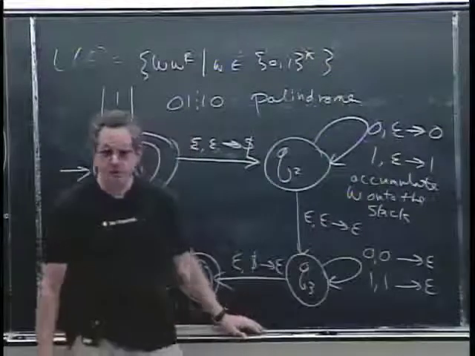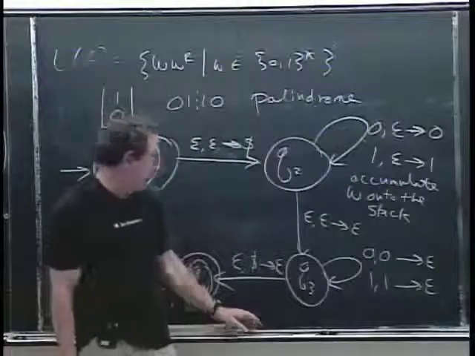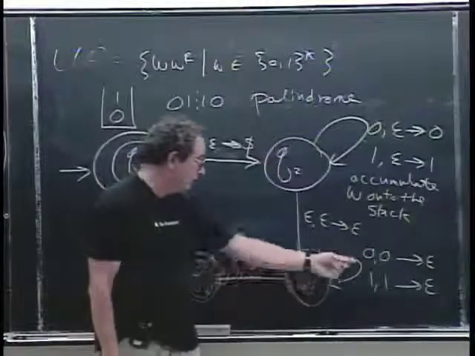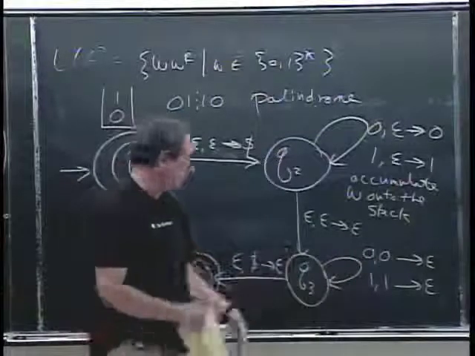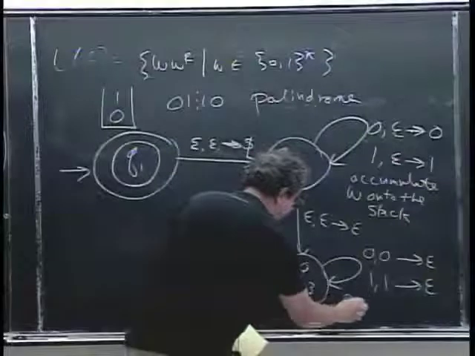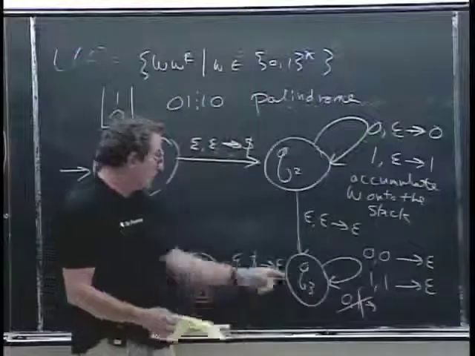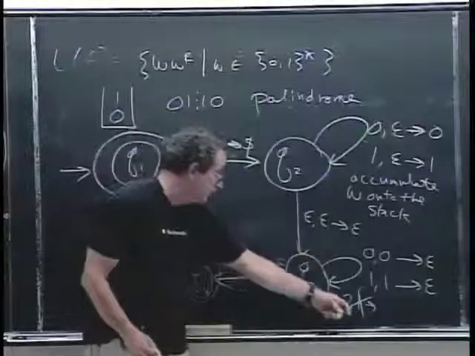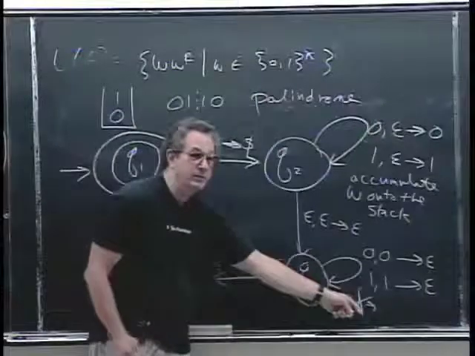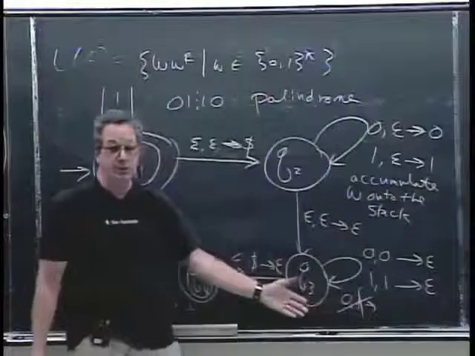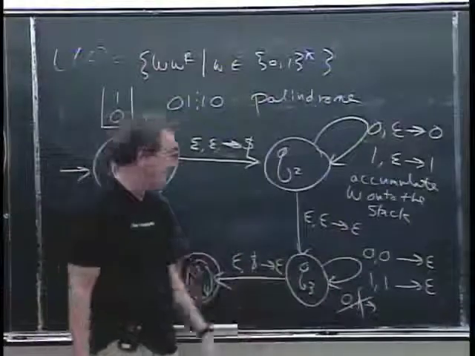But that computation definitely dies off because there is no transition rule here which says 0, 1. That's not in there. And so the computation that's here, reading a 0 and having a 1 on the stack, has nowhere to go, so that computation dies.